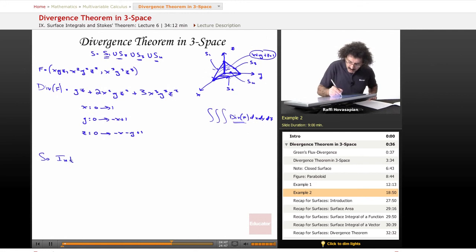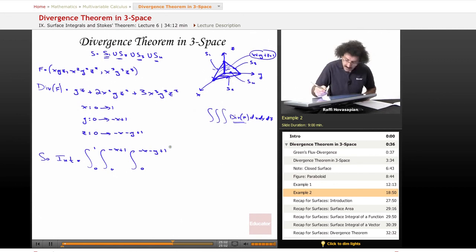our integral, is equal to 0 to 1, 0 to minus x plus 1. We'll do y next. 0 to minus x minus y plus 1. And we have our divergence, which is this thing right here.